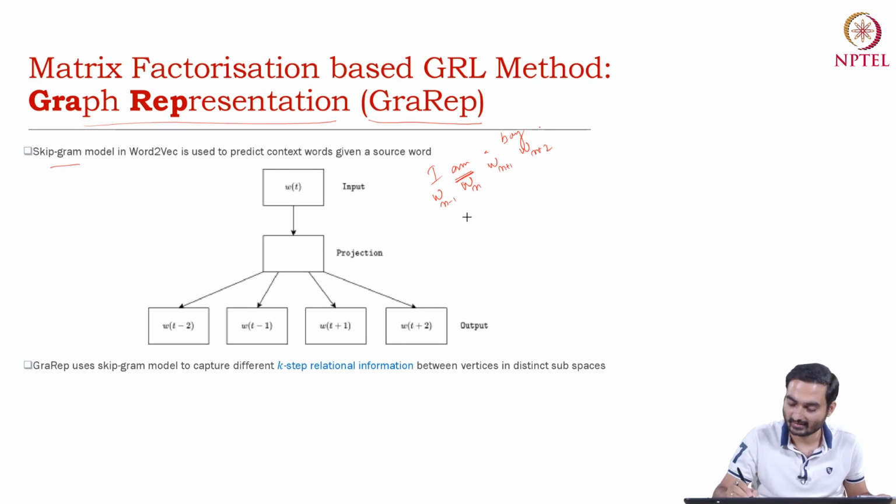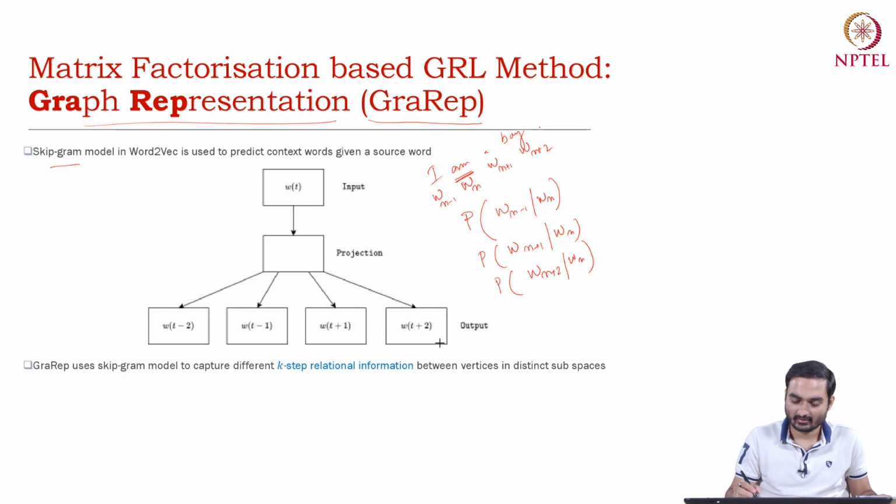So we will basically capture the probability of Wn minus 1 given Wn, probability of Wn plus 1 given Wn, probability of Wn plus 2 given Wn, and so on and so forth. In a very simple idea, you have a normal multi-layer perceptron kind of network. Your input is the representation of the central node and the output is the representation of the neighborhood node, right.